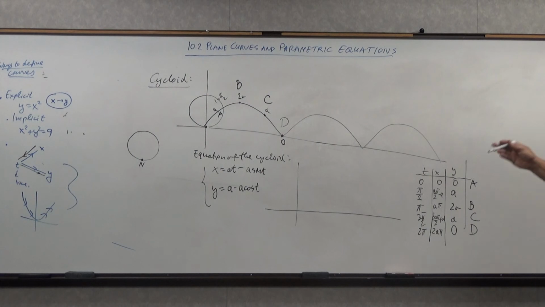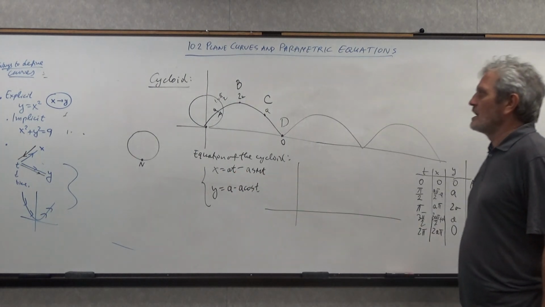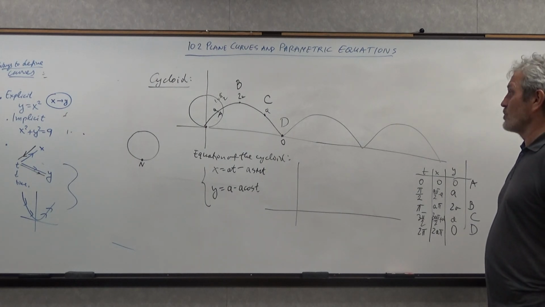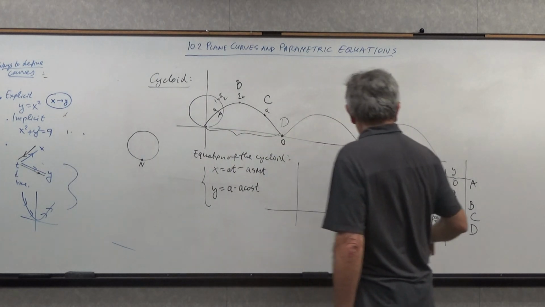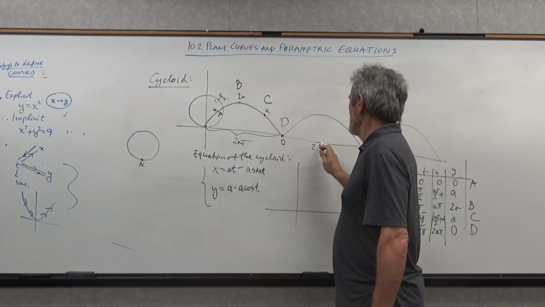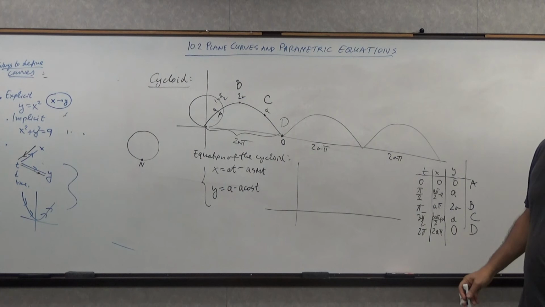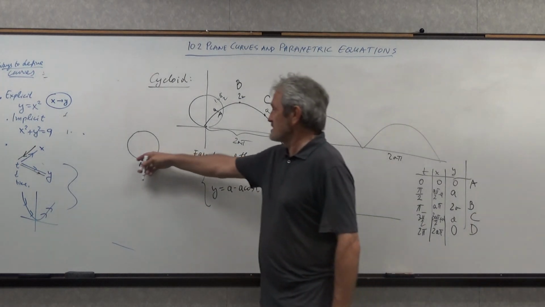And then, as I said, the whole picture gets translated just with extra 2 pi a, because this here is 2a pi. So here is 2a pi. Here is another 2a pi. Here is another 2a pi. What is that, by the way? This is just circumference of that circle.